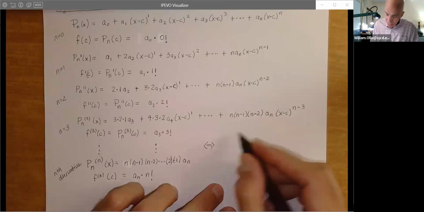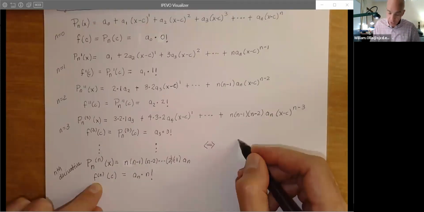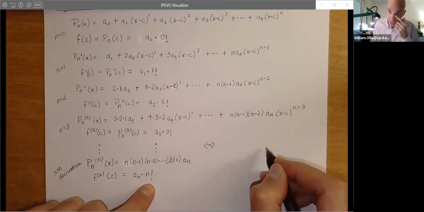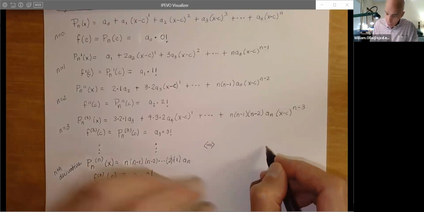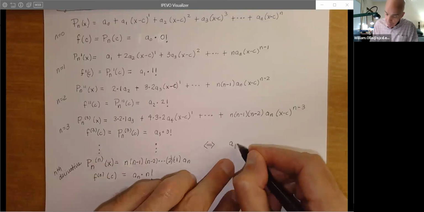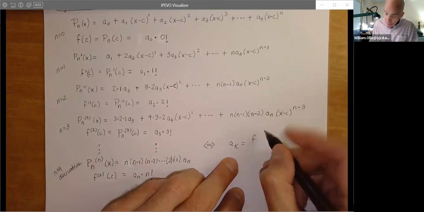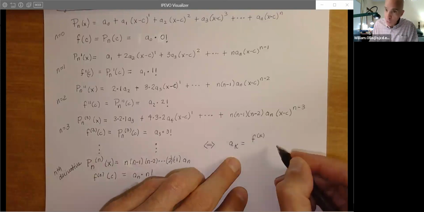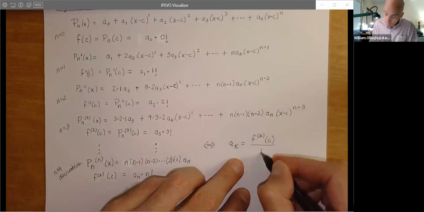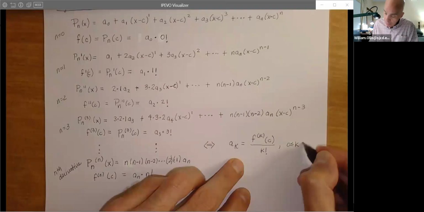So now we can say in general, if we just solve for the coefficient, we just divide the nth derivative by n factorial. And that's what you saw in the Taylor coefficients. So now we see that a sub k will equal f superscript k, the kth derivative at c, divided by k factorial, where k runs from 0 to n.